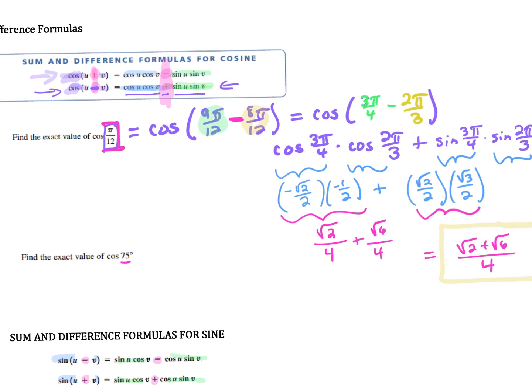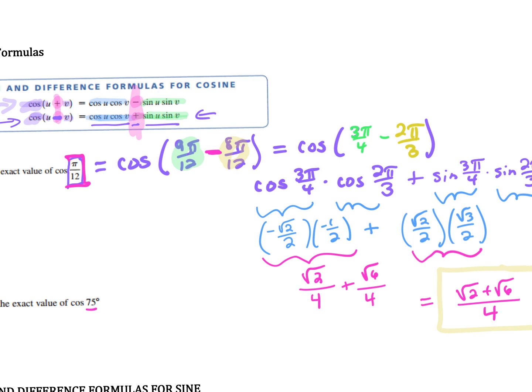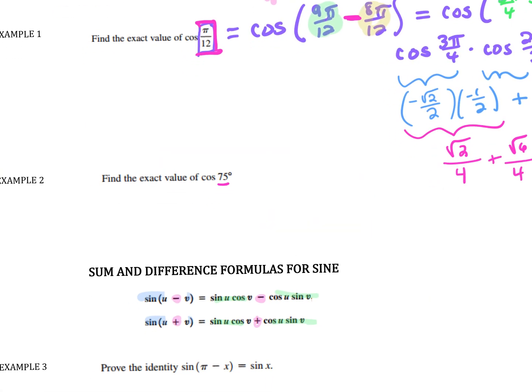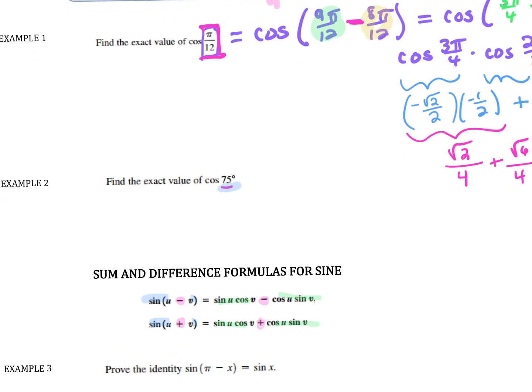Okay. So because we used subtraction on the top one, I want to find two numbers on our unit circle that we can add so that we can practice with that formula. So I want to come up with two angle measures. You can use subtraction, but I want you to practice with both formulas. So what two angle measures can we use that if we add them together, we get 75 degrees?